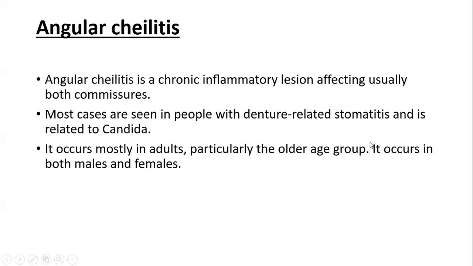Angular cheilitis. Angular cheilitis is a chronic inflammatory lesion affecting the oral commissures. Usually, both oral commissures are involved. Most cases are seen in patients with denture-related stomatitis and are related to candidiasis. It occurs mostly in adult patients, particularly the older age group, and both males and females are involved.